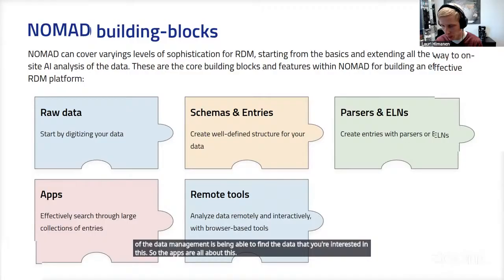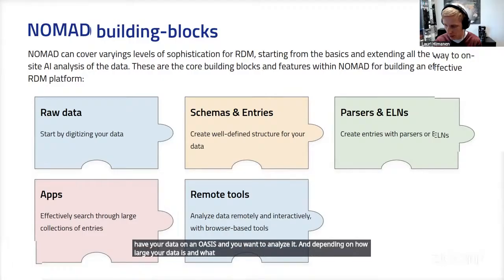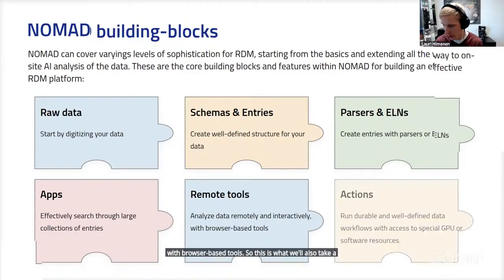Then we have remote tools, which are essentially about when you have your data on an Oasis and you want to analyze it. Depending on how large your data is and what sort of software you need, these remote tools are sometimes very useful for doing on-site analysis with browser-based tools. This is what we'll also take a look at a bit later.